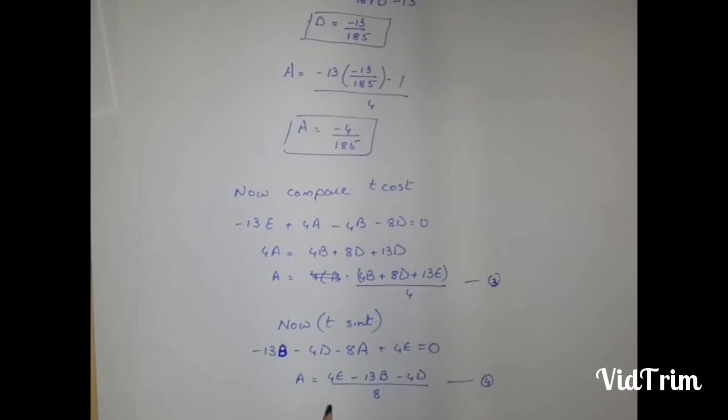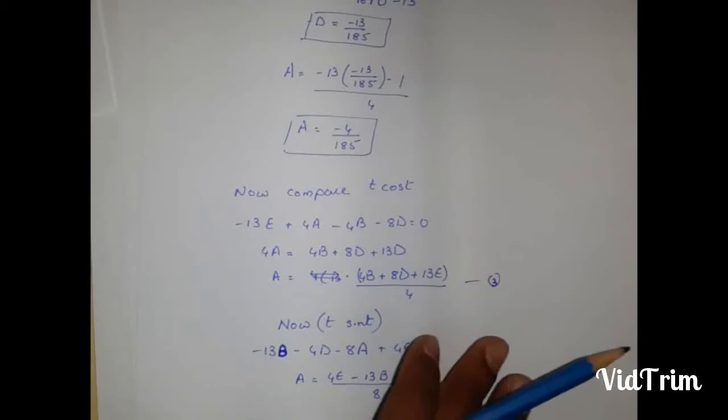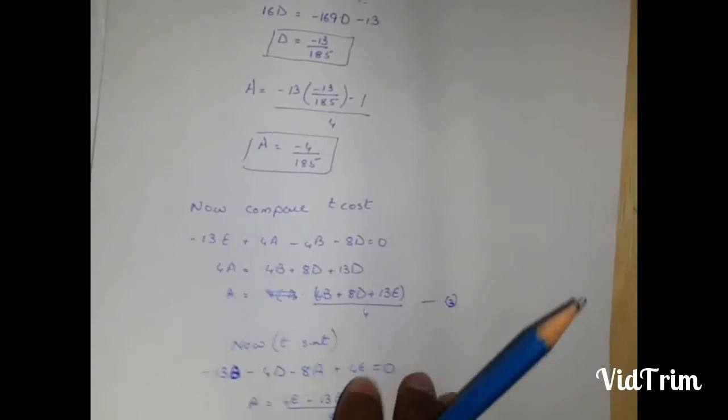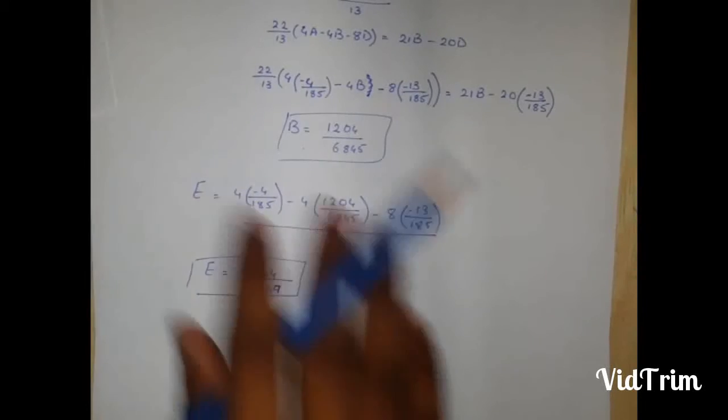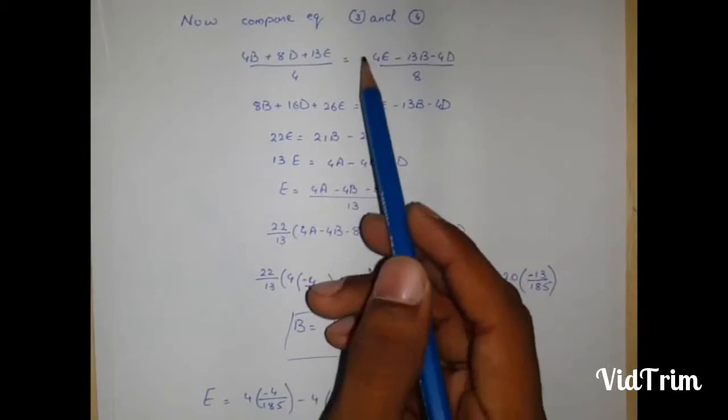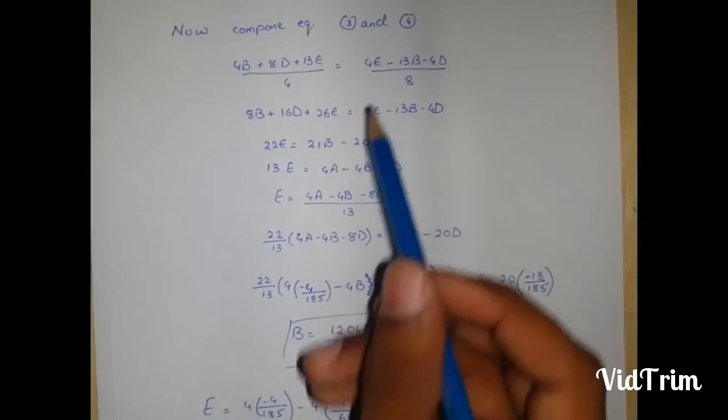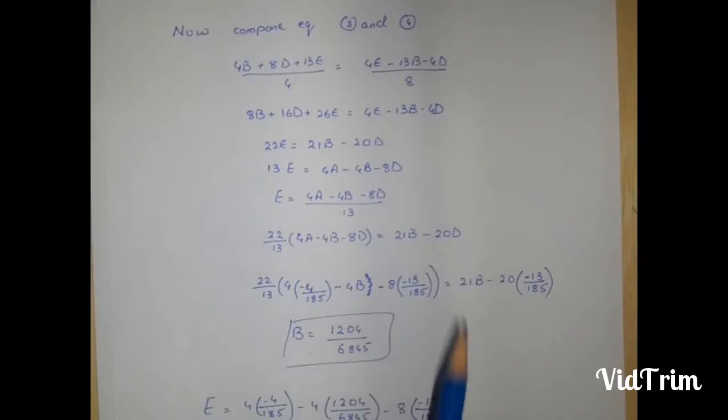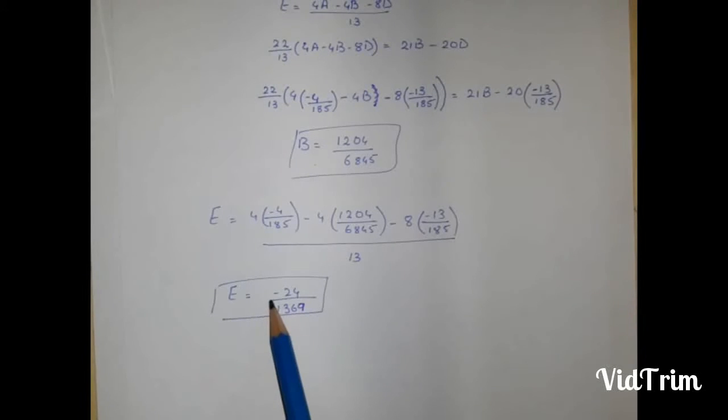Now our equation will be like this. Now compare these two equations like this, and after simplification I got the values of b and then e.